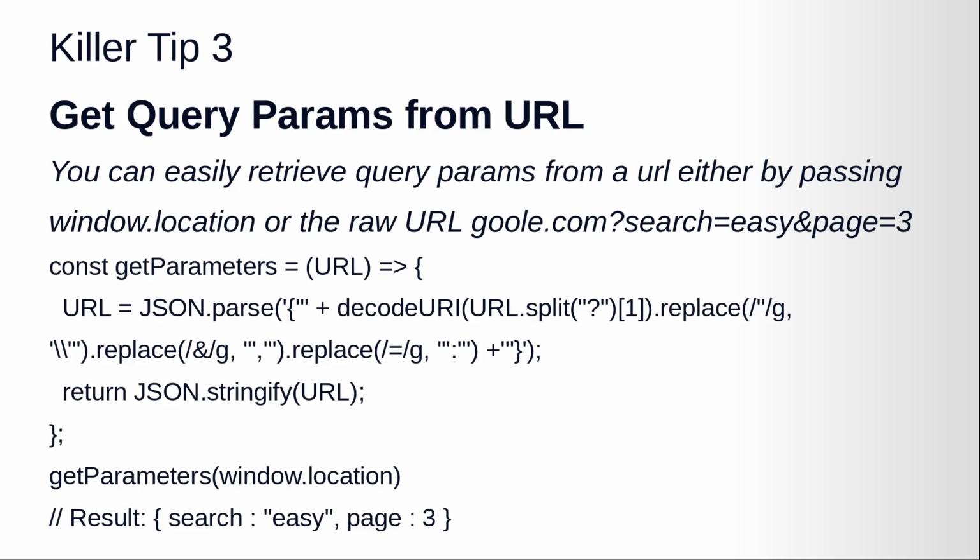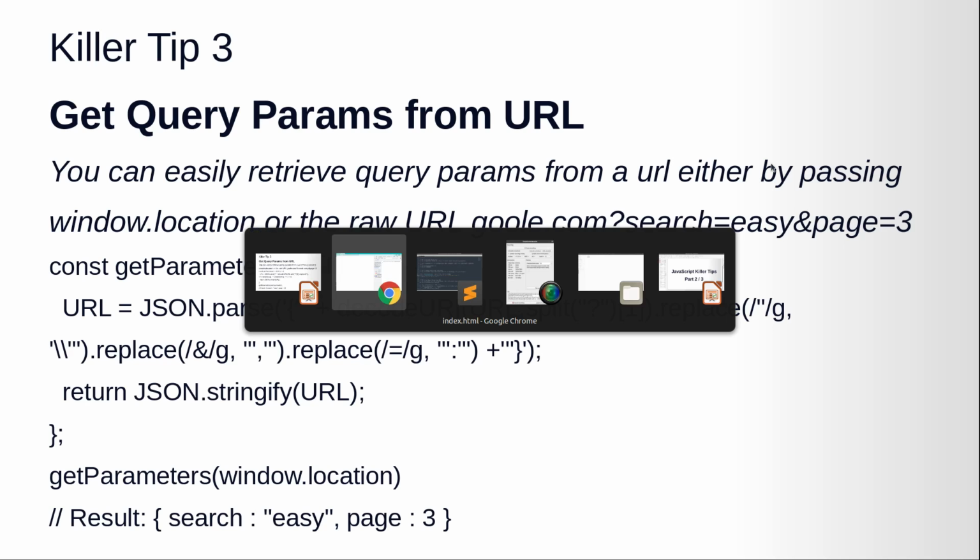Killer tip number 3 is to get query params from URL. You can easily retrieve query params from a URL either by passing window.location or the raw URL, google.com/search?page=3, and this is the code here.